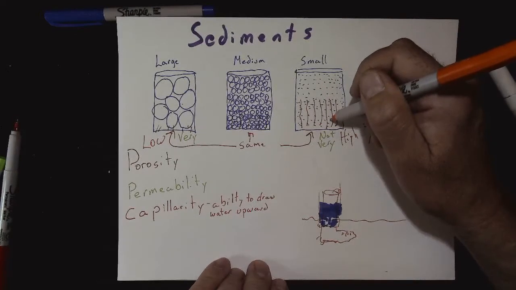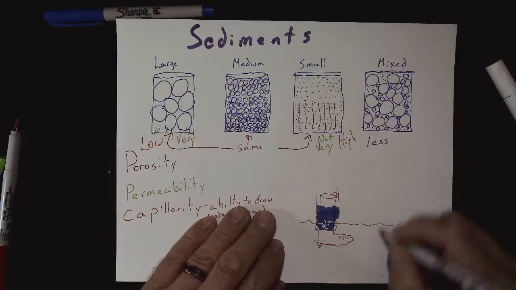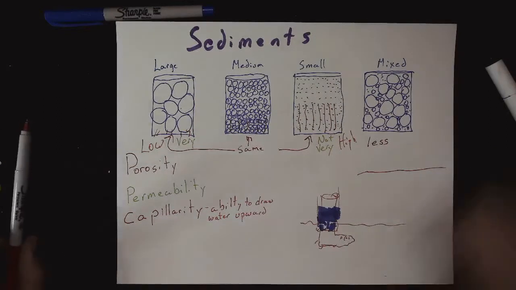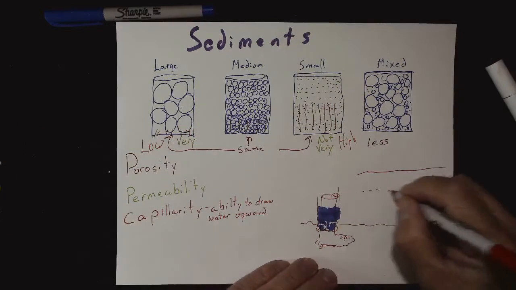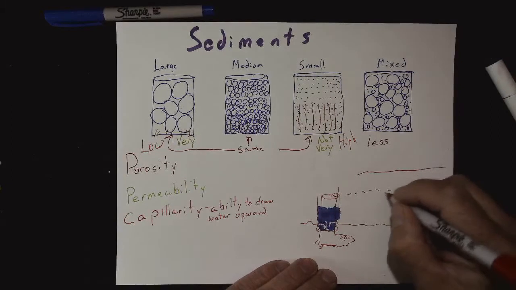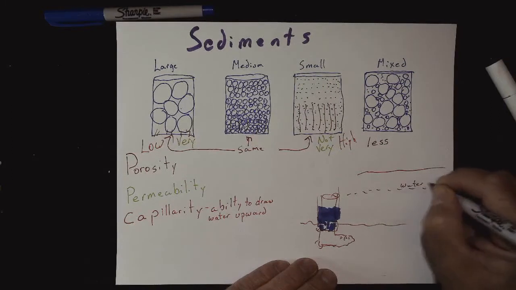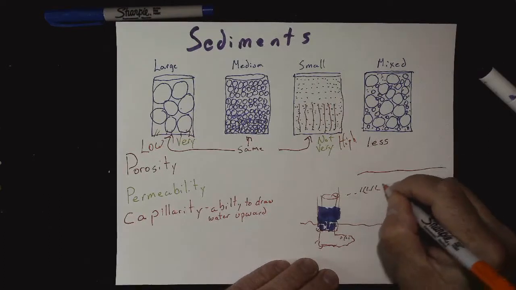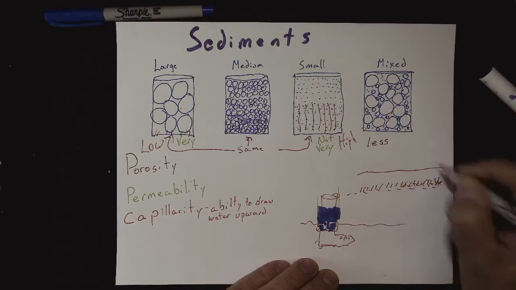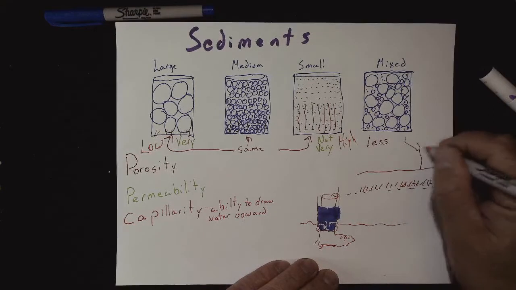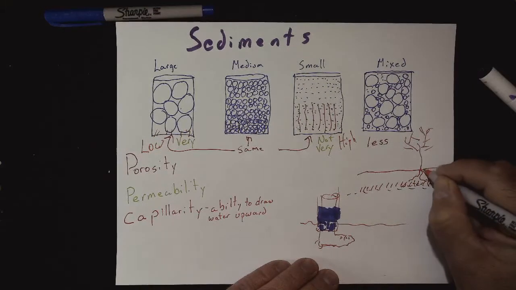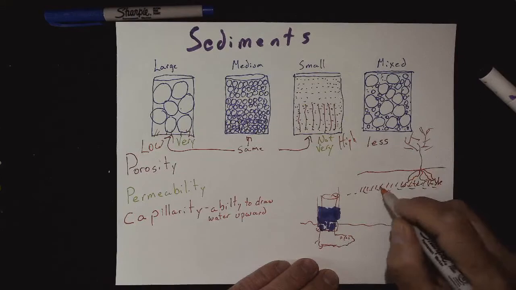Now, why is this important? Well, if you have underground, say, a water table, far under the ground, there is a water table, surface of the zone of saturation. Capillarity will draw the water up above that, and if you have a tree and its roots are going down, the roots may get into the zone of capillarity.